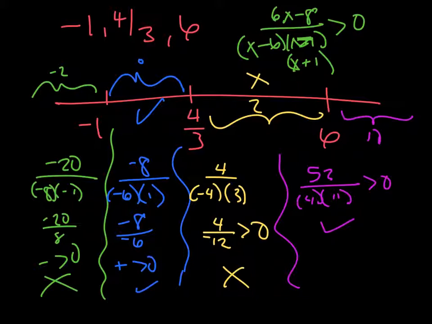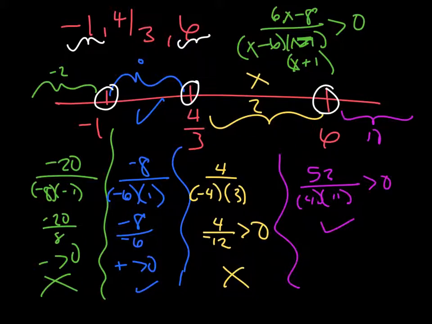Remember, the reason the -1 and the 6 are here is because they were undefined at -1 and at 6. And then at 4/3, if I were to plug in 4/3, you're going to get 0 is greater than 0, so you can't include the 4/3.